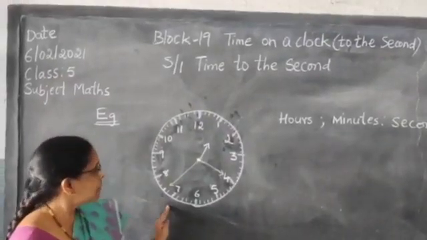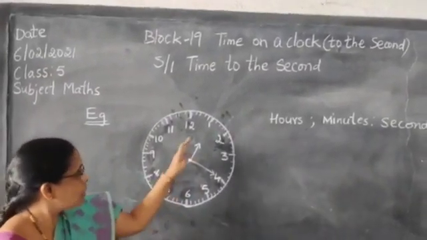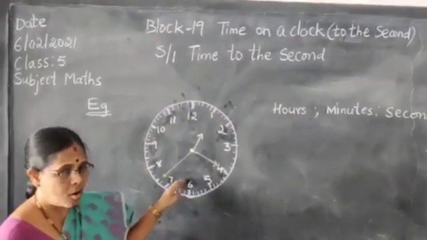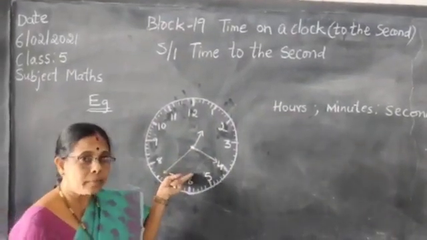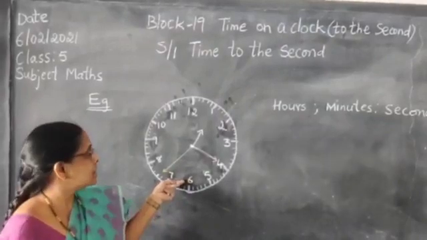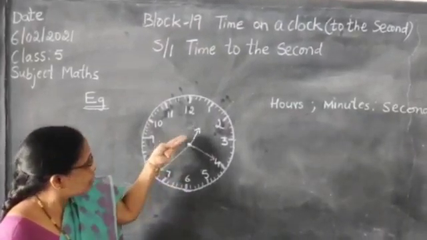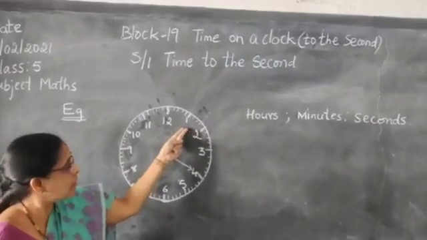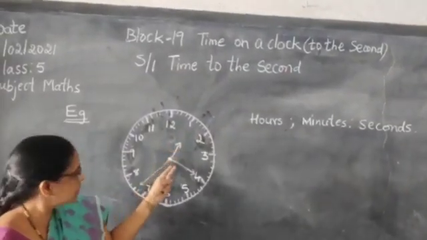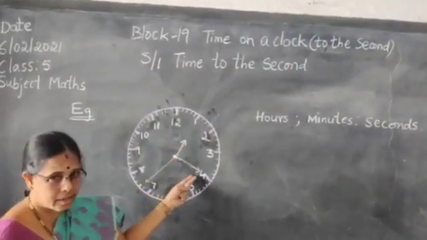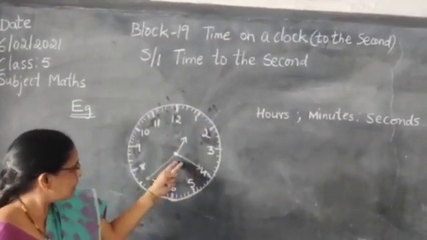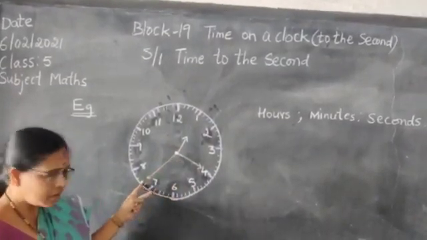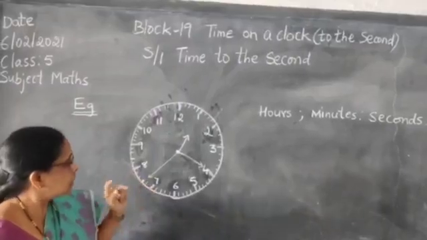For example, this is the clock. What is the time, children, here? In how many hours, how many minutes, how many seconds? Here children, our hour hand is after 1 o'clock. The minute hand is exactly on 4 and the second hand is after 7 o'clock. Okay.